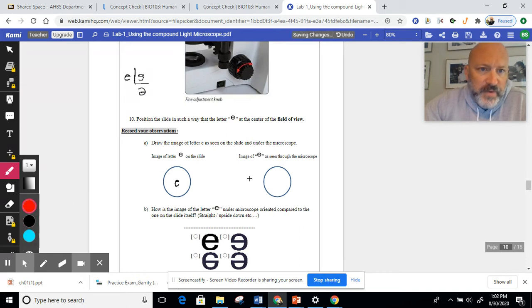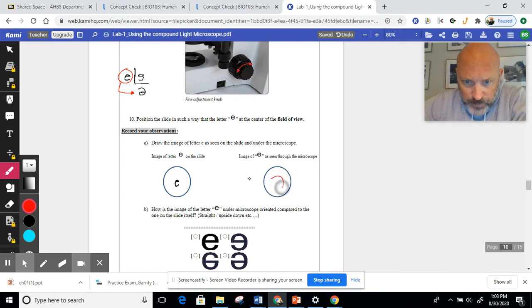So it goes on the microscope looking like this, but inside the microscope, it gets flipped twice, it gets reversed, and then it gets inverted. And not only that, but also as I look in the microscope, the image becomes magnified. So it'll appear larger.